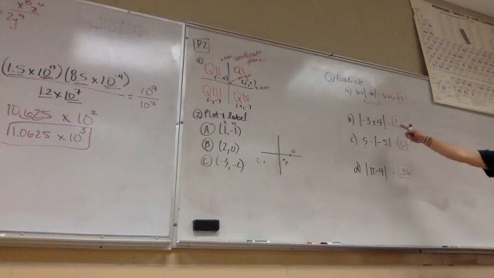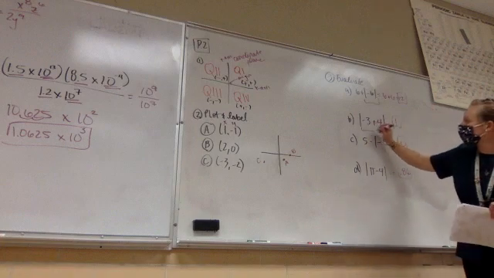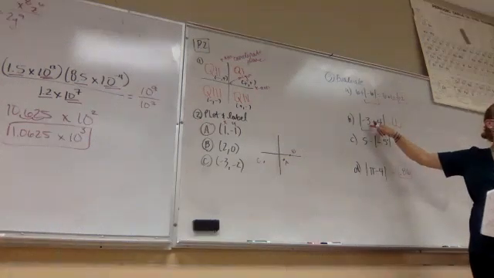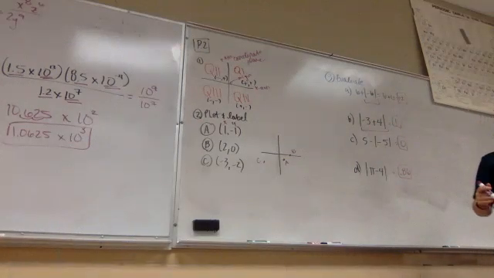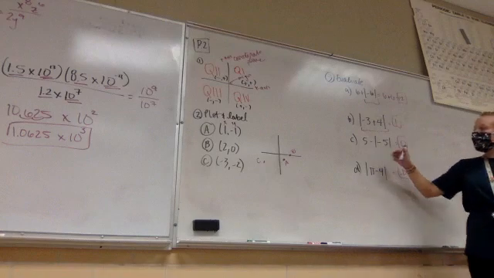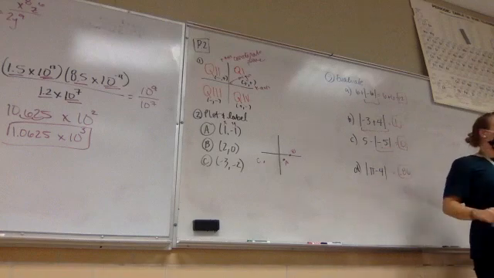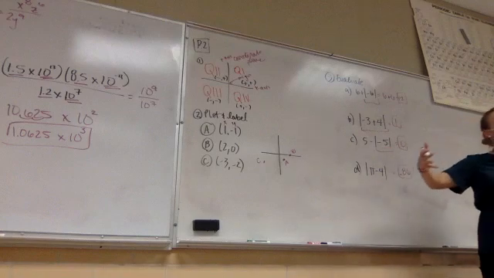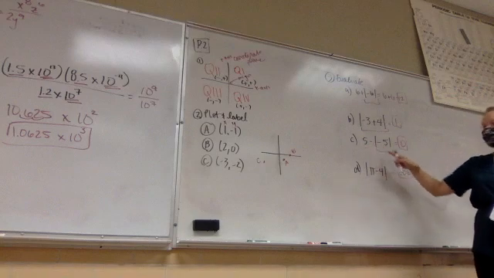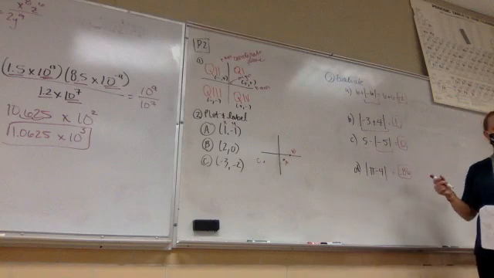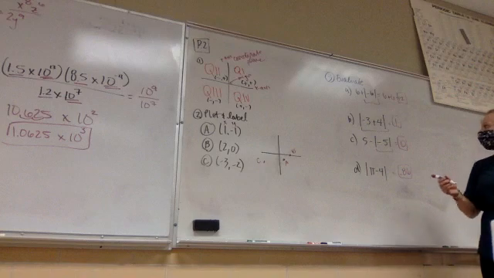Nope, do the operation on the inside first and then go. The absolute values are like parentheses, so this is like parentheses around all of this, so I need to do what's inside, and then I'm going to do the absolute value. On letter C, though, I've got absolute values around my negative 5, so I'm going to take the absolute value of that and make it positive 5. 5 minus 5 is 0. Let me show my steps.